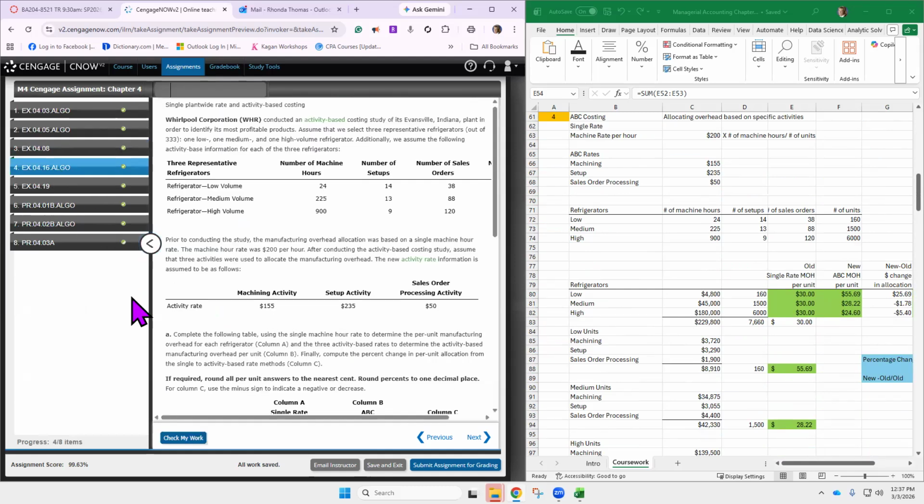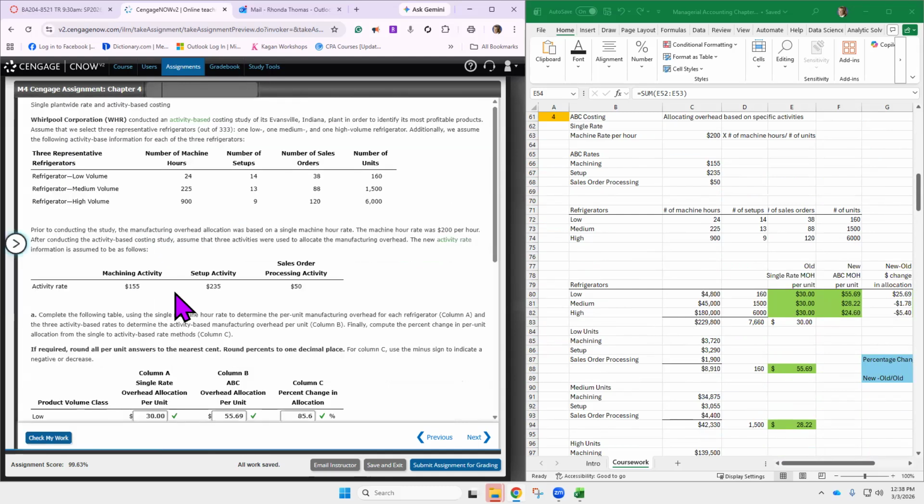All right, so let's go to this one. Okay, this one, you have different numbers than I do. We've got three kinds of refrigerators, and we're going to be using a single plant-wide rate versus an activity-based rate.